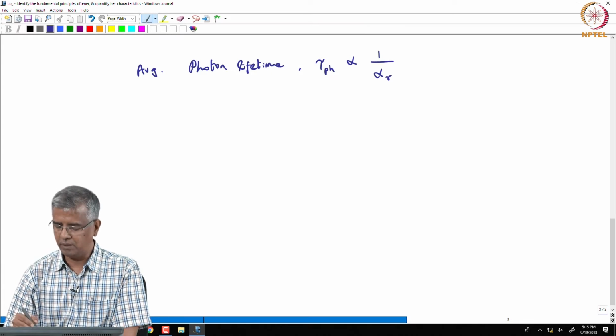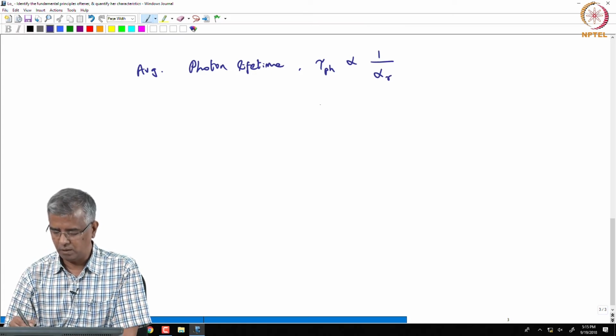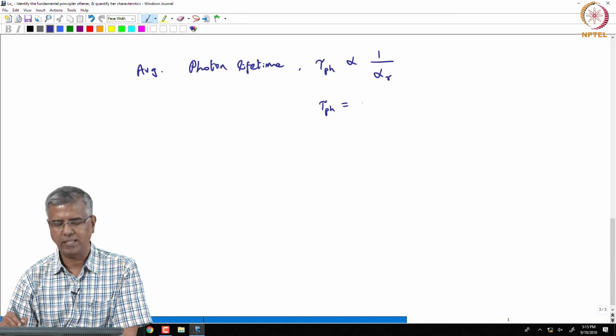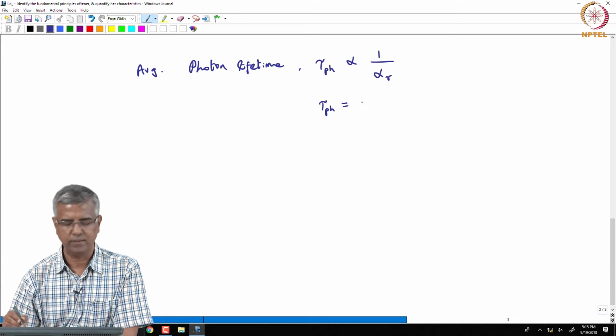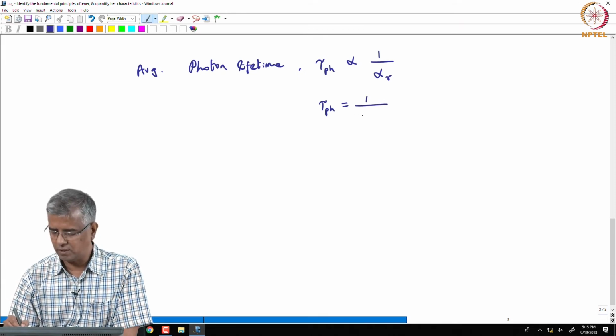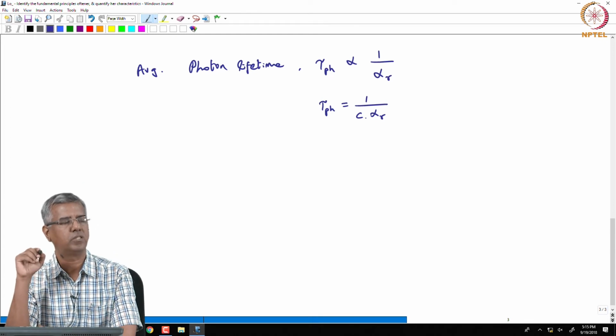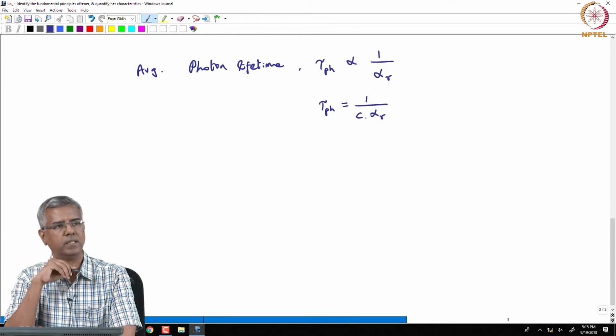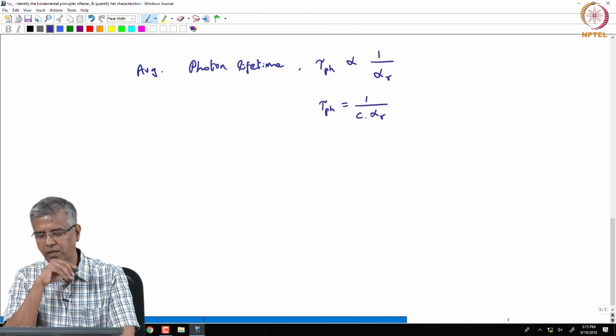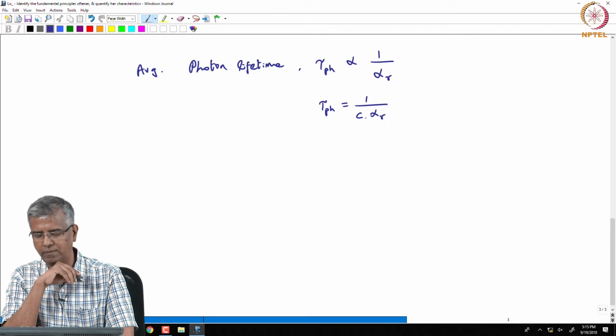And since we are talking about photons, that proportionality constant has to be equal to the velocity, right. So, you can just write it as c multiplied by alpha r, where c is the velocity of light, the velocity at which the photon is traveling.